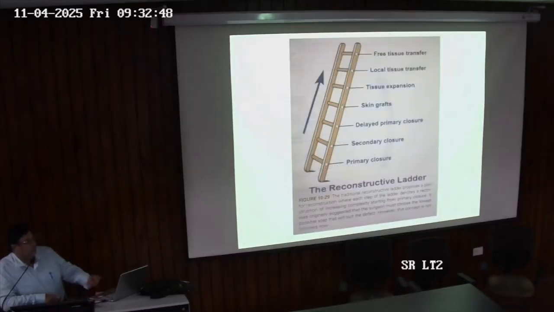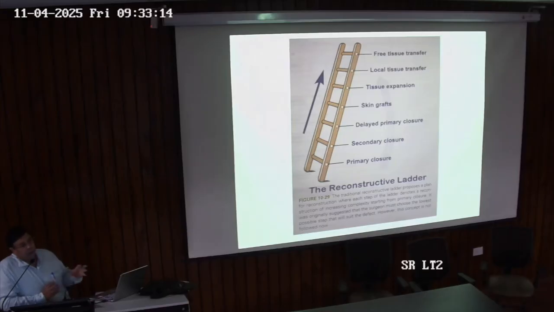So the reconstructive ladder: if possible, the best is primary closure. If primary closure is not possible, we continue to do dressing, and when we find there is no necrosis or infection present, we can go for secondary closure.